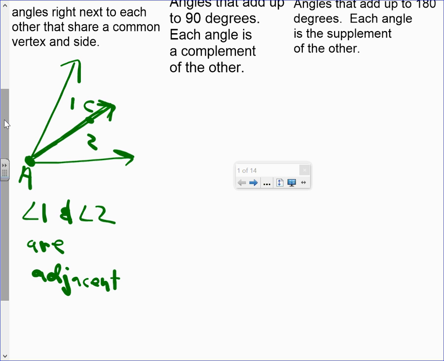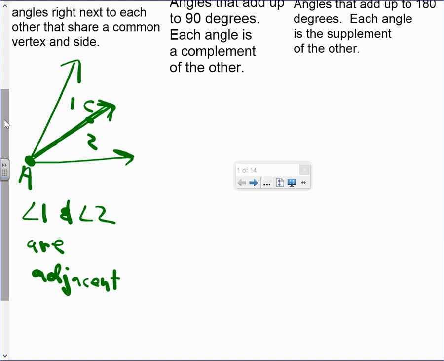So Rios and I are adjacent to each other. We're right next to each other. We share this wall. That's how we use it in the English language. Me and Robles over here share that wall. We're adjacent. Our rooms are adjacent. The hallway is adjacent to my room. So it's just a fancy word that means right next to each other. So angle 1 and angle 2 are adjacent. That's all it means.